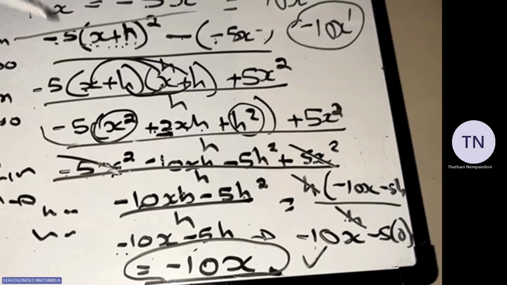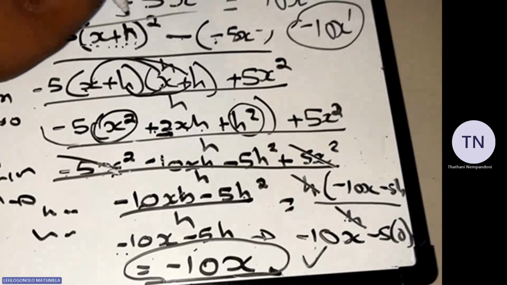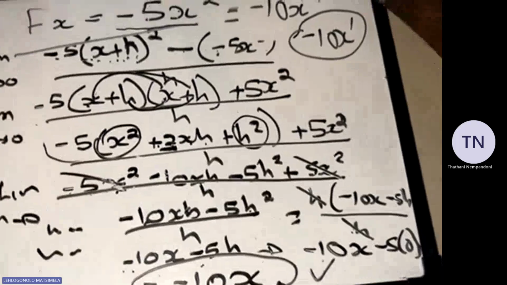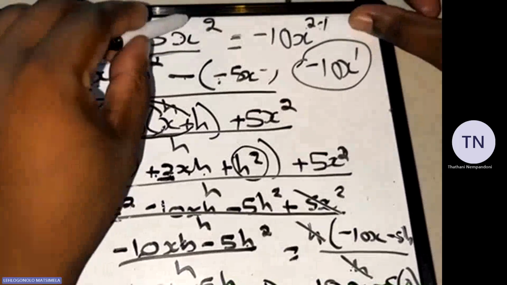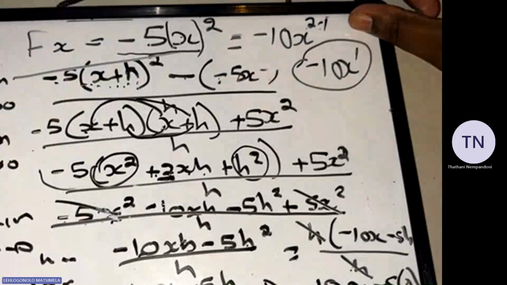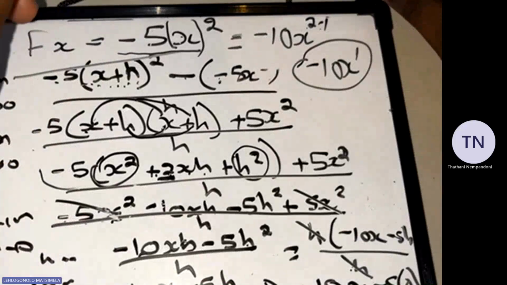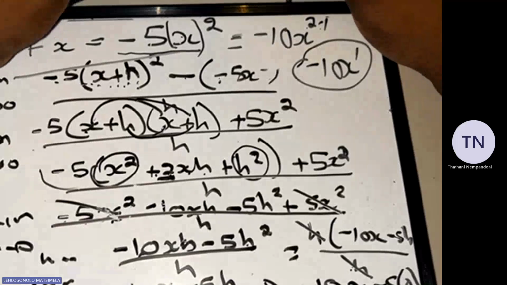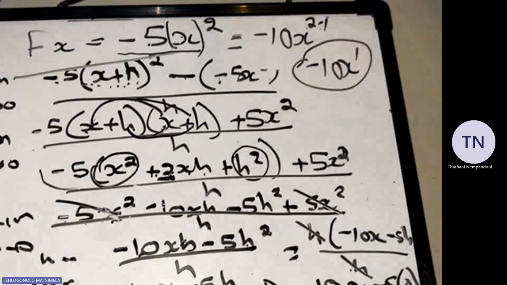Remember that we substitute. The equation was saying minus 5 to the power of 2, which means that wherever there is x, the first part of the equation says f of x plus h, which means that wherever there is x, we put x plus h.